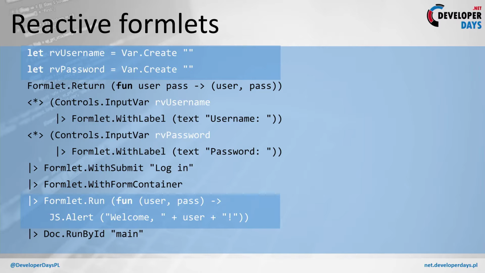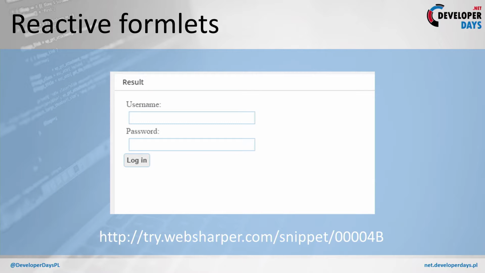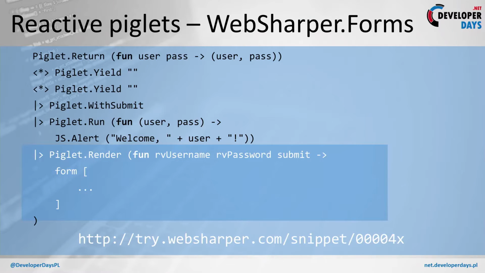But in general, like I said, formlets have the problem of not being able to instantiate how I want to render the formlet itself. They always come with this default look and feel, which looks something like this, and many people don't like it, especially if you have to embed it into your applications. You need to be able to change how it's rendered. And to fix that problem, we arrive at the final step, which is basically piglets that are also coupled with reactive programming.